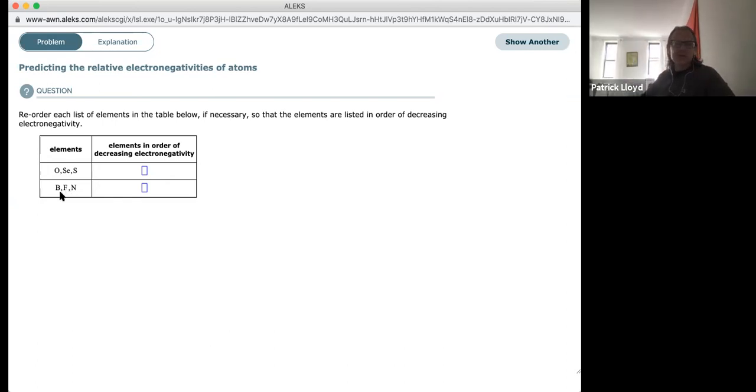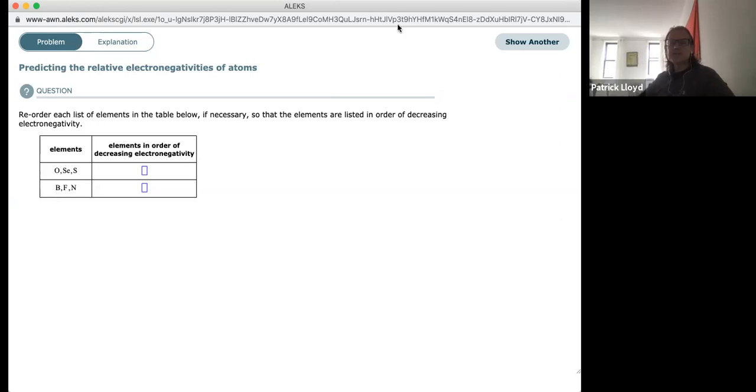So the largest would be fluorine because it's furthest to the right. Nitrogen would be next, smaller because it's to the left of fluorine. And boron would be the smallest because it's in group 3A. You can just go back to that chart and look at it. It increases as you move to the right. So fluorine, then nitrogen, then boron. Boron would be the smallest, okay?